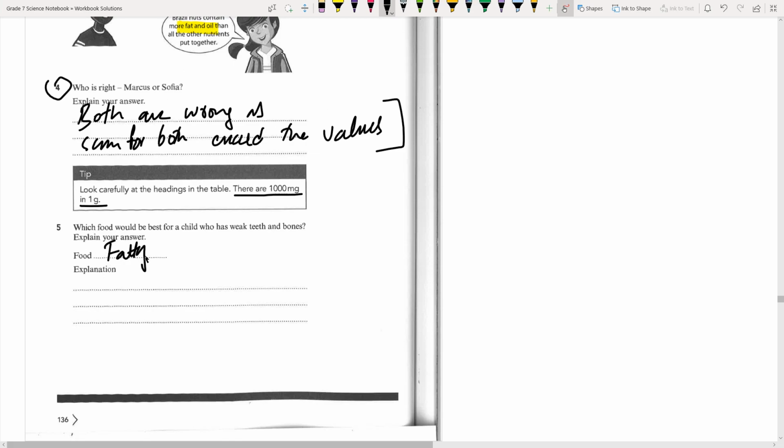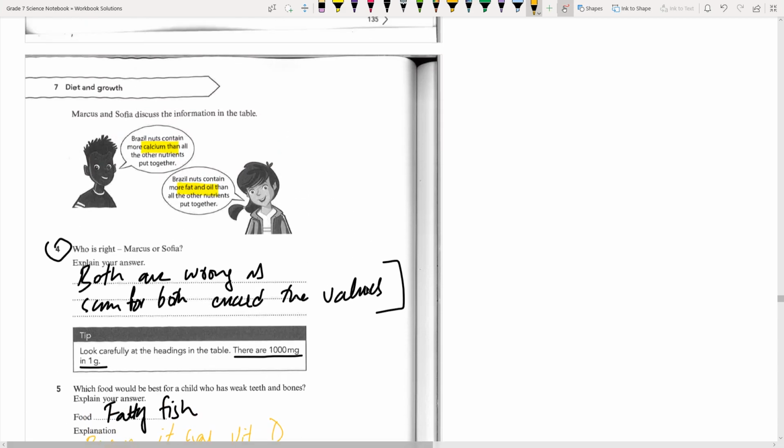So fatty fish can be used. And why? Because it has vitamin D that is needed for calcium absorption.